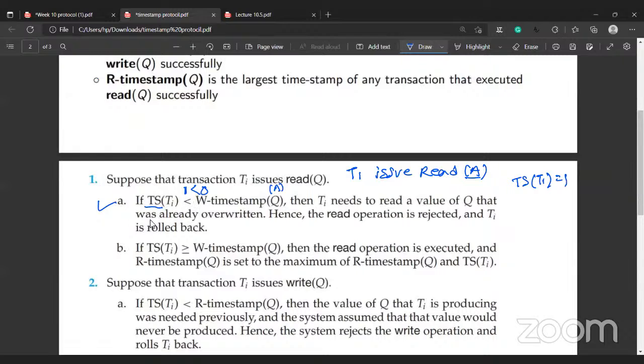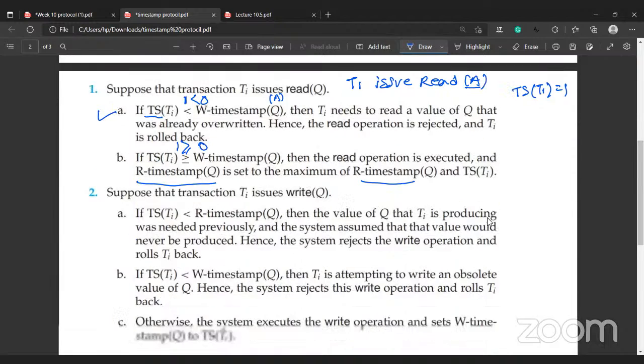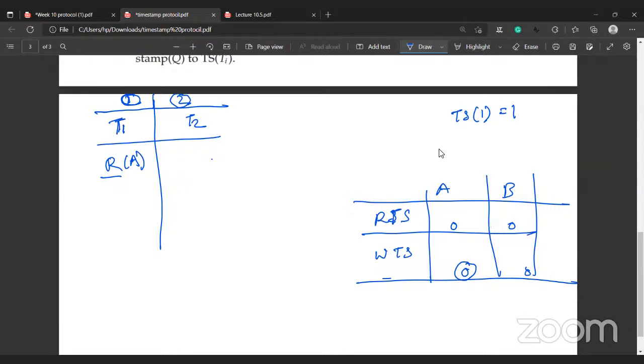So if it is false, then the timestamp of T1 is greater than or equal to 0. Then what happens? The read timestamp of Q is set to the maximum of the read timestamp of Q and the transaction timestamp. So what will be the read timestamp of A? Maximum of 1 and 0 will be 1, right? So it will be 1. You got it? Yes. Okay. Roughly clear.